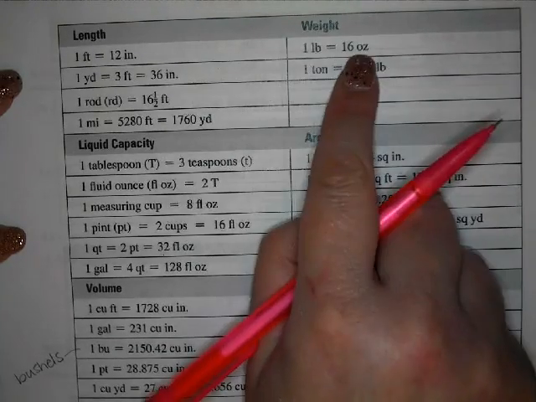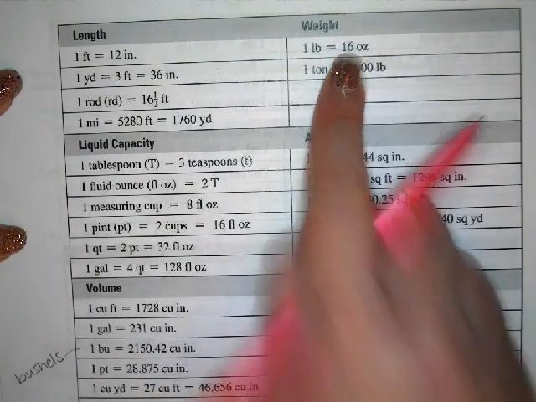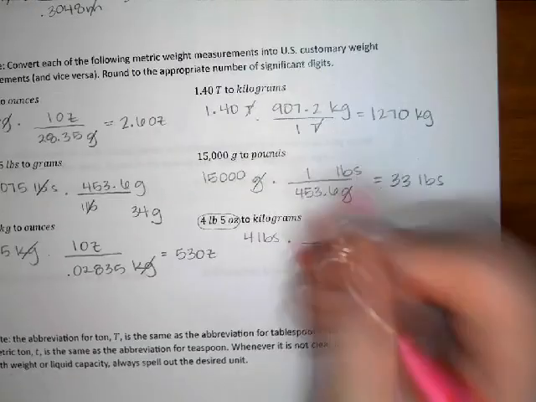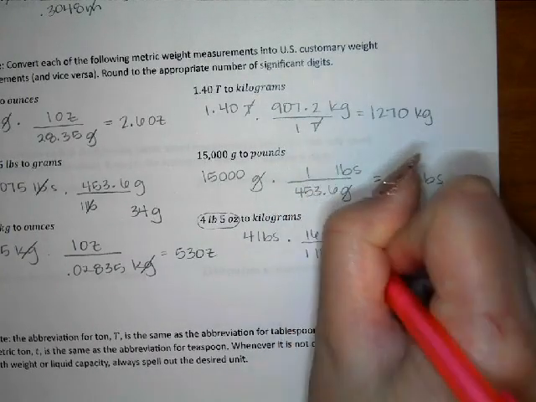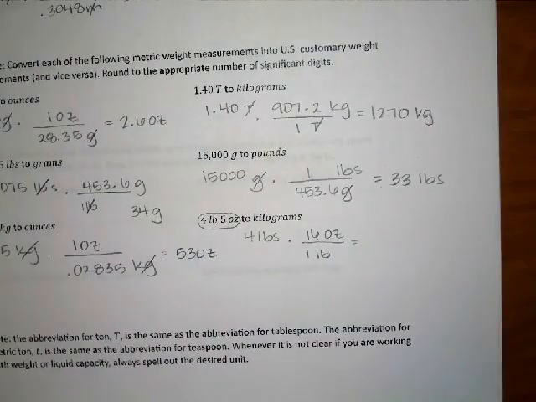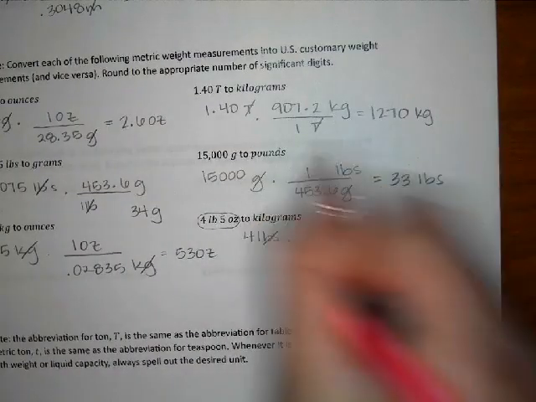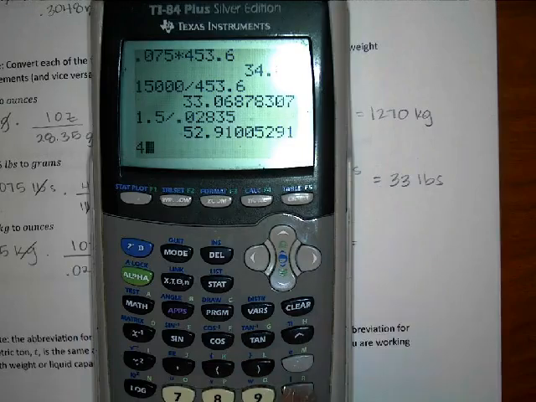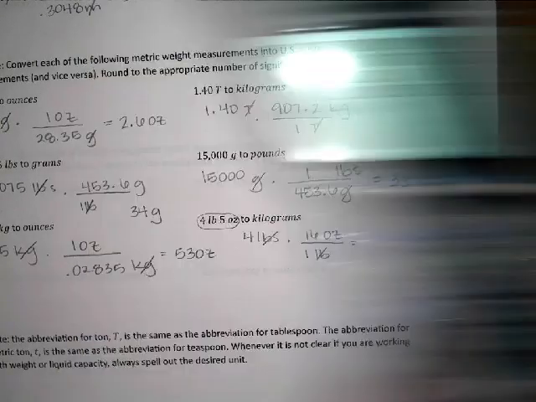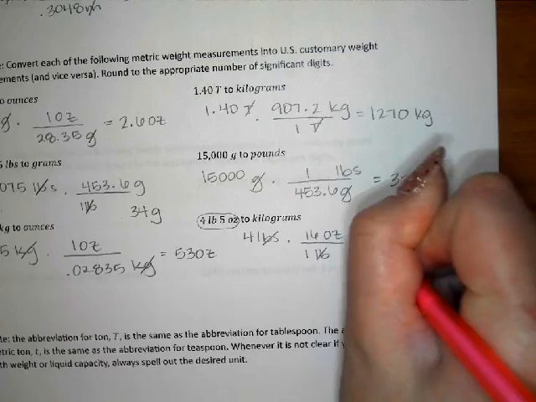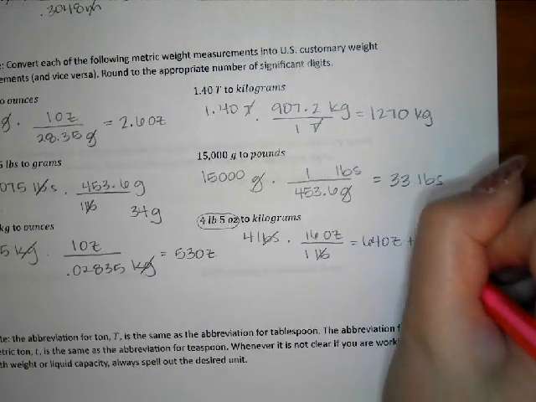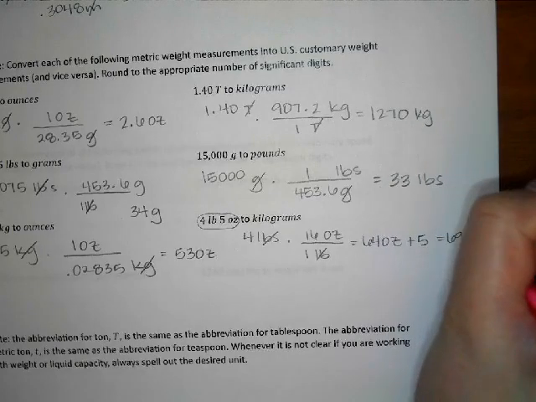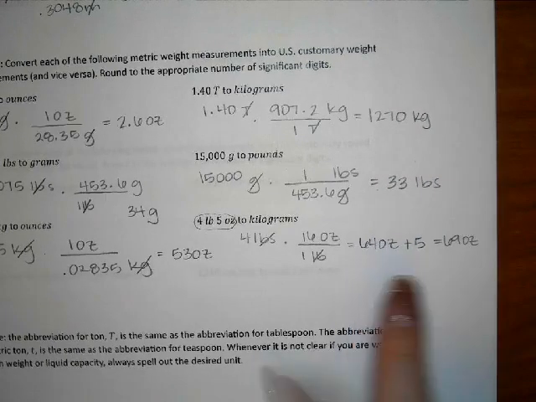Pounds converted into ounces is right here at the top. 1 pound is 16 ounces. And so 4 pounds is 64 ounces. So 4 pounds and 5 ounces is 69 ounces total. So we're converting 69 ounces total into kilograms.